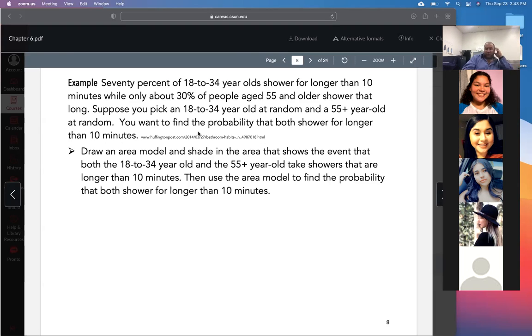It says draw an area model and shade in the area that shows an event that both the 18 to 34-year-old and the 55-plus-year-old take showers that are longer than 10 minutes. Then use the area model to find the probability that both shower for longer than 10 minutes.